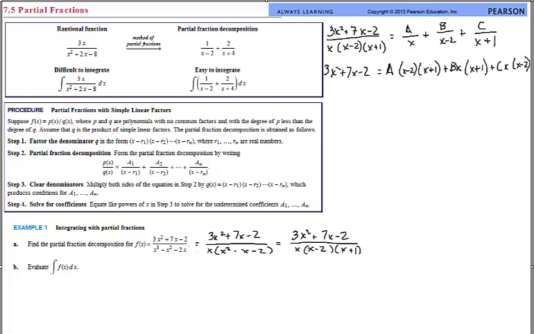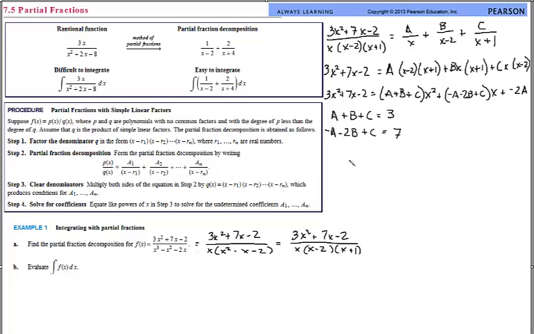Now I'm going to multiply all of this out, and collect powers of x. Alright, and what I have is that A plus B plus C equals 3. I have minus A minus 2B plus C equals 7. And I have negative 2A equals negative 2.